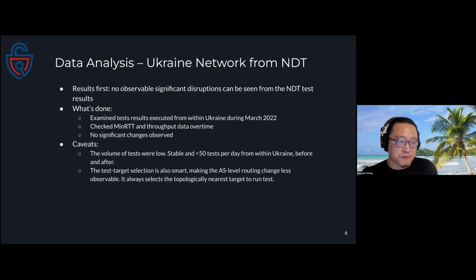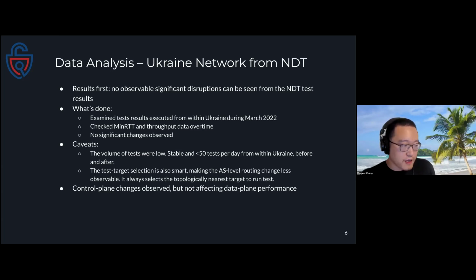I was looking at the way that they're selecting test servers from the client, and it turned out that any of the AS level routing changes would make, I was thinking they might have caused at least the throughput or mean RTT to change, but the tests switched to different servers that are always very close to the test clients. So in terms of performance, it doesn't really change much, and there's no observable changes that I can see.